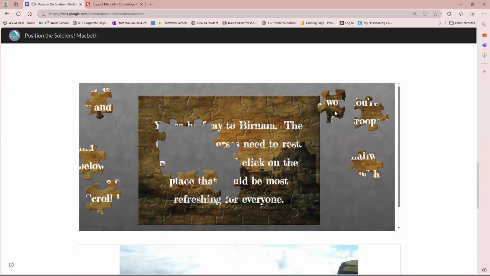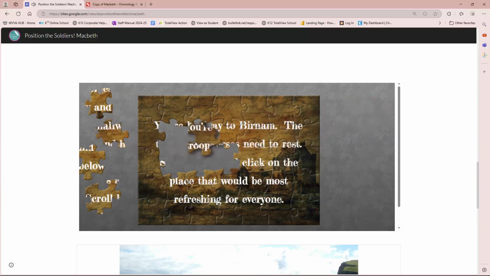Kind of matching them up. All right, so I'm down to four pieces. Are you guys doing better than me? This one looks like it fits up there.